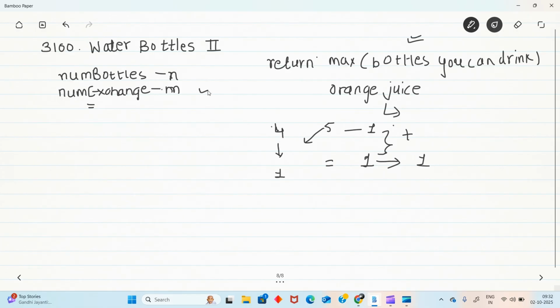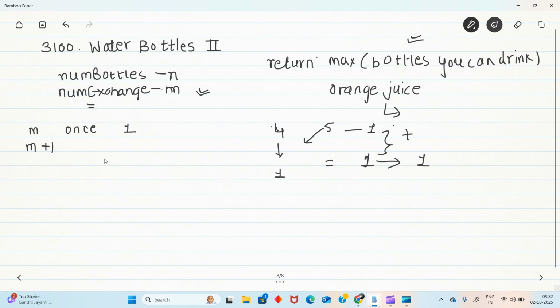So this is all similar to yesterday's question, but one condition they have added here is that you can exchange only m empty bottles, once, to get 1 full bottle, and then you have to do m plus 1.